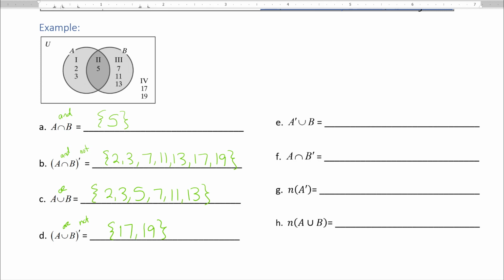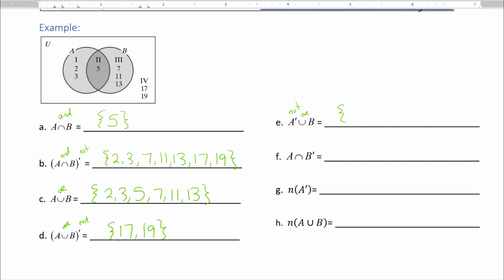Okay, so now we have A prime. That's a not. Union with B. Union is or. So we need to figure out what's not in A or in B. So what are things that are not in A?